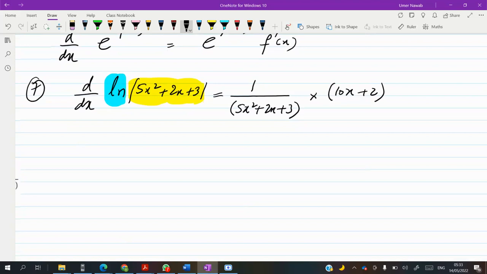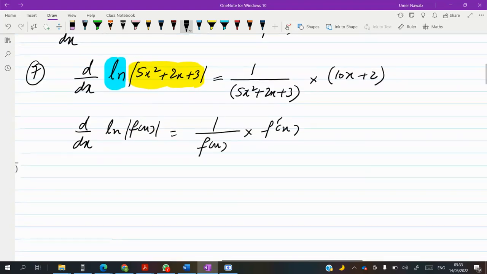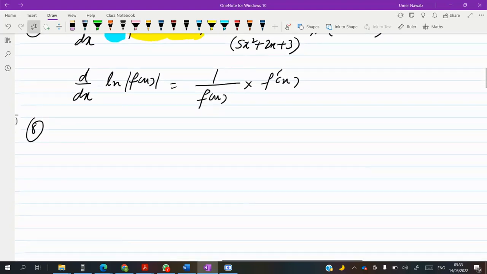So the general rule of the ln function is if you have ln of f of x, first you write 1 over f of x and then times f dash of x, which is the derivative of the argument.